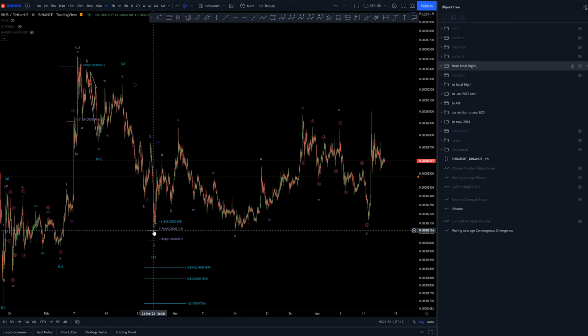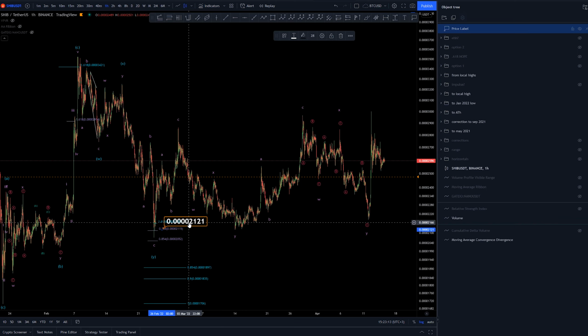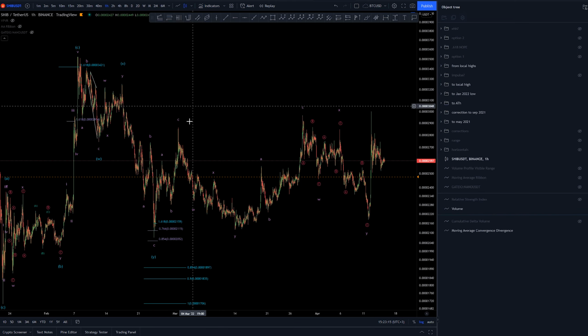We get some nice extension targets around the 764 on the sub-minuet, and on minuet, the light blue, we get a nice 1.618 just around here for 4021.